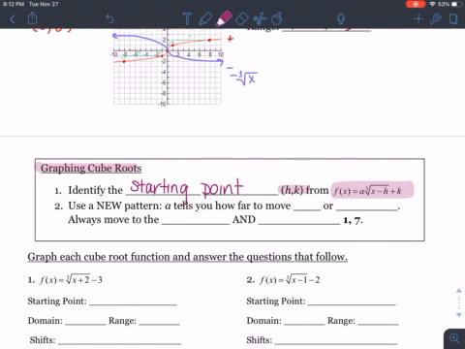We're going to use that new pattern. A, again, tells you how far to move either up or down, and in this case, it's actually going to be both. And then we're going to move both right as well as left, and we're going to move that pattern 1 and 7.